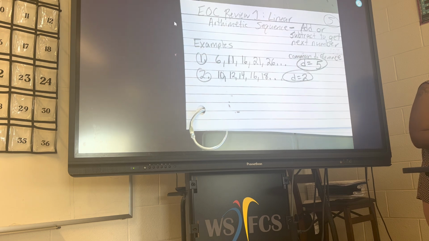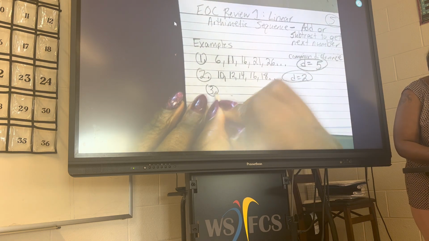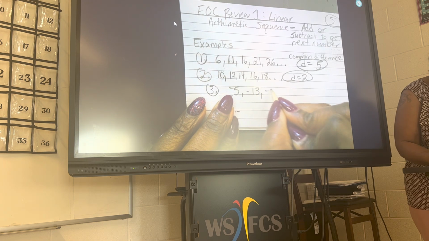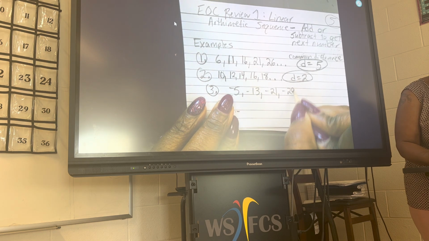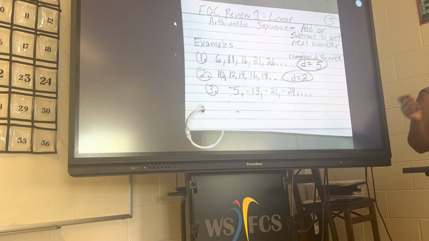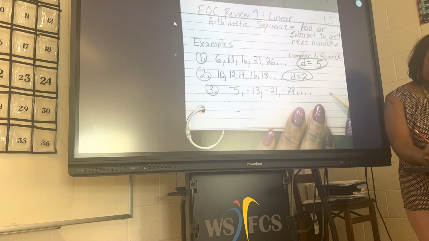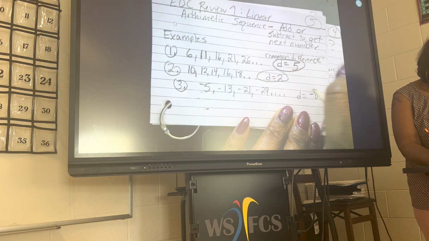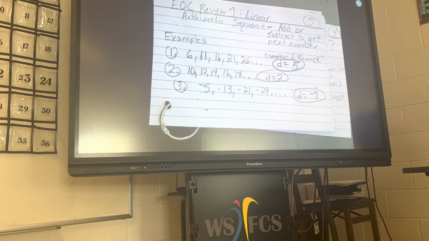Let's do another one. What's the common difference for this one, you think? Negative 8. Very good. Subtracting 8 to get to the next number. Any questions about that? No.